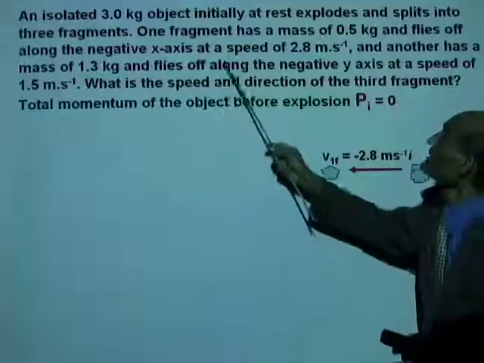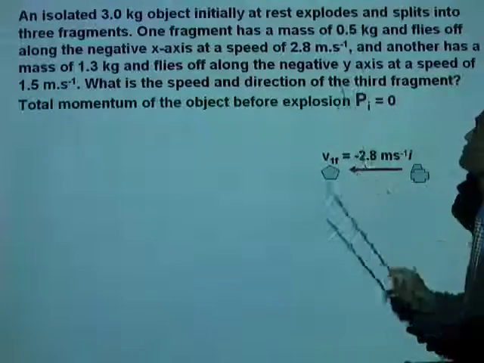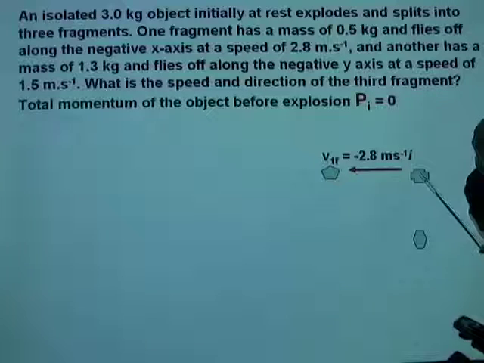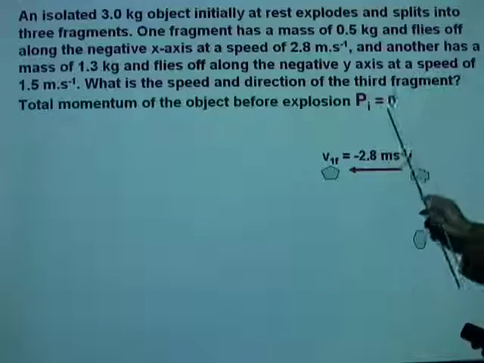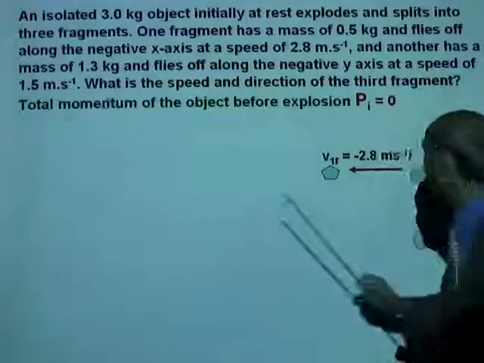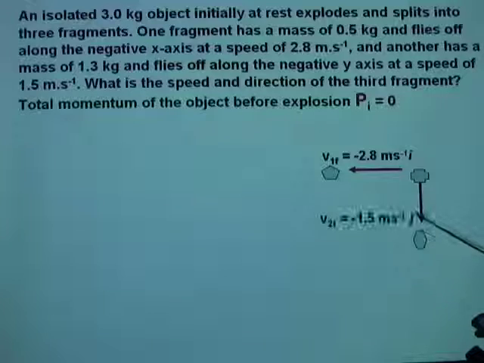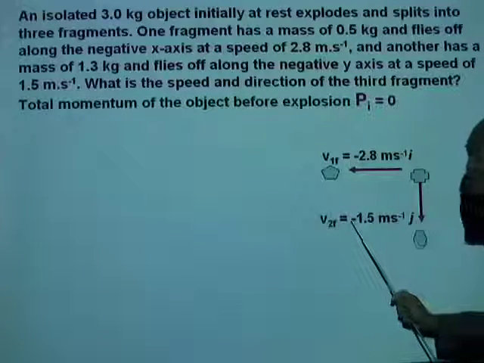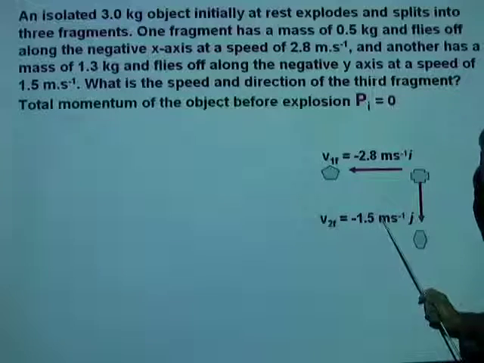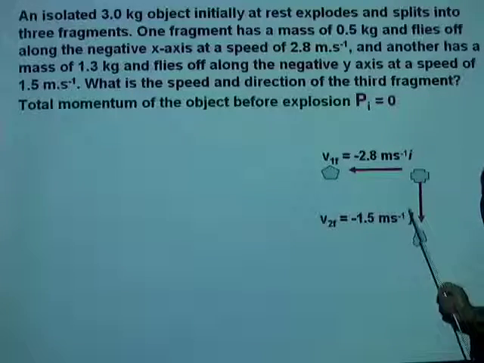And we know its mass. Its mass is 0.5 kilogram. The second piece goes in the negative y direction with a speed of 1.5 meters per second. So the velocity of the second piece is negative 1.5 meters per second j.